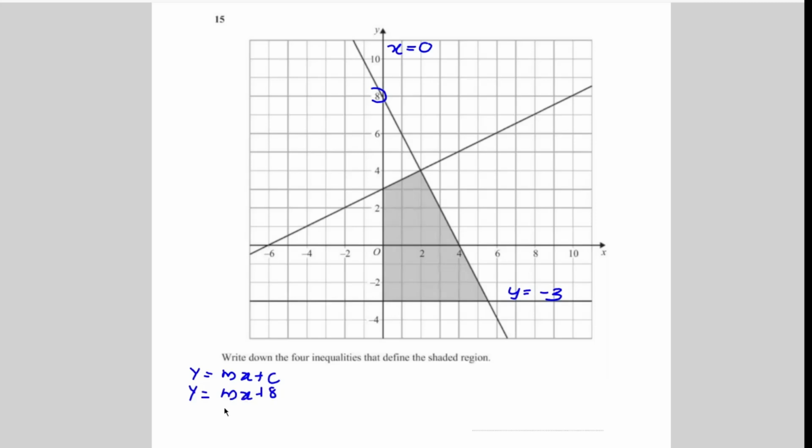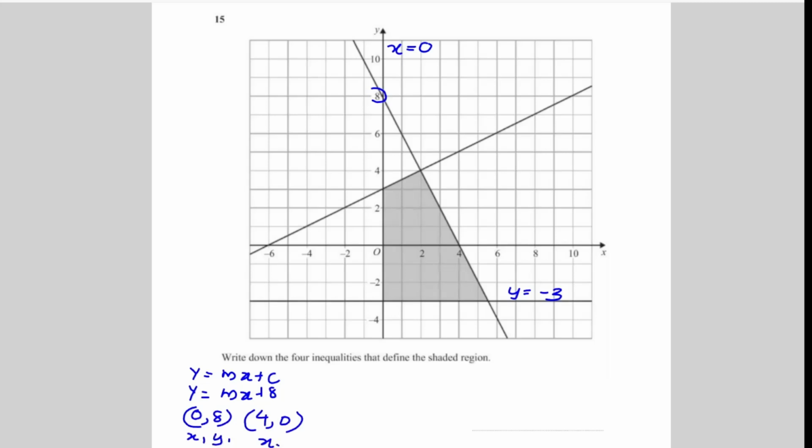Now only one thing, we need to get what the gradient is. To get the gradient, you need to have two coordinates. So I'm getting two coordinates. Let's get this coordinate, which is 0, 8, and another coordinate, let's get this one, 4, 0. So I'm getting this one as x1, y1.